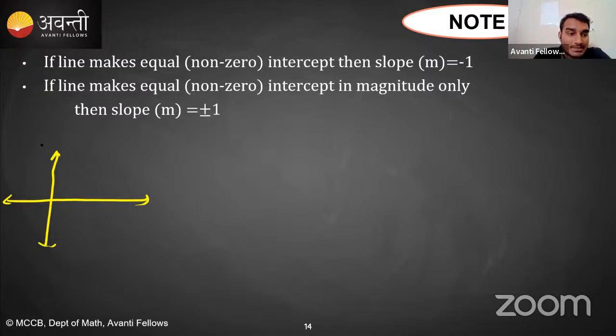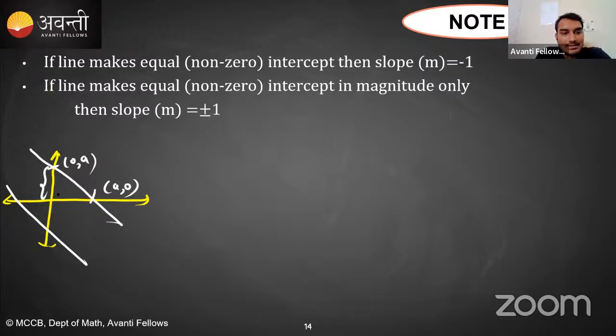Either it would be like this or the line would be like this. Yes or no? So let's say this is (0, a), and this is (a, 0). So the x intercept is a, the y intercept is a.